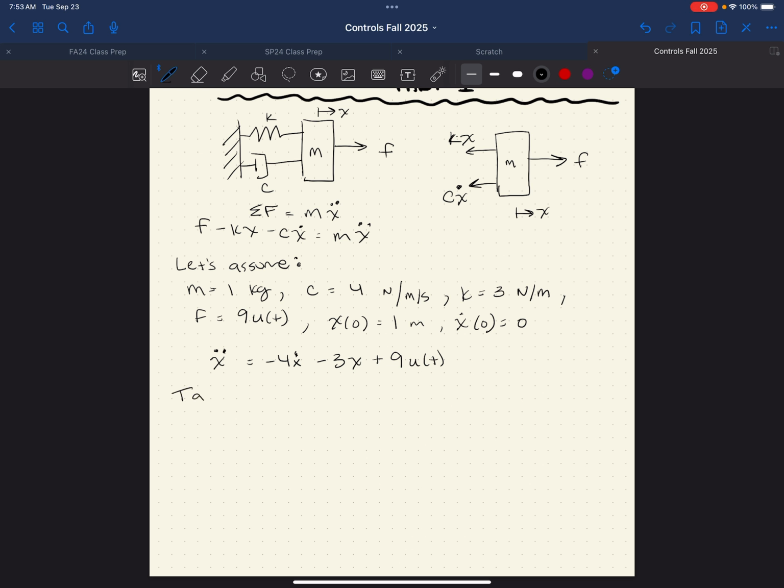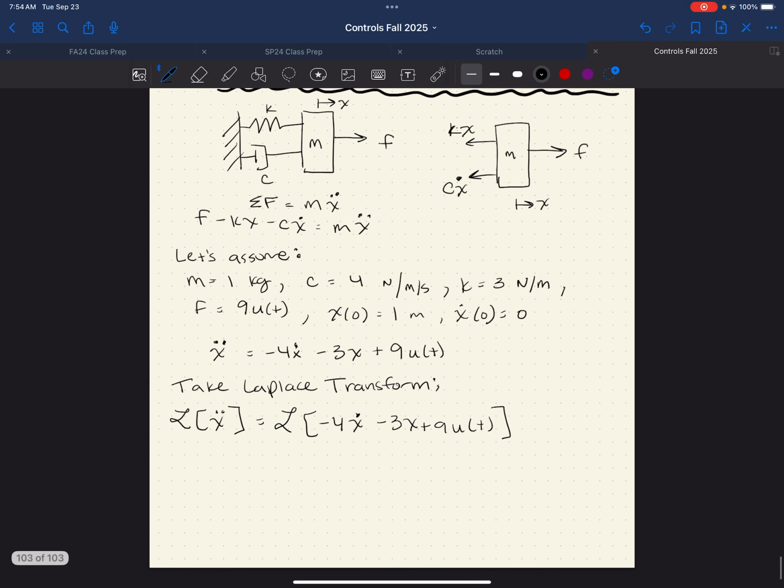Okay, now we can take our Laplace transform. And get the Laplace transform of x double dot is equal to the Laplace transform of everything on the right-hand side. Okay, and you can use your tables to do this.